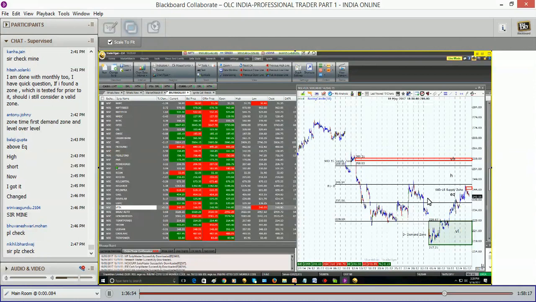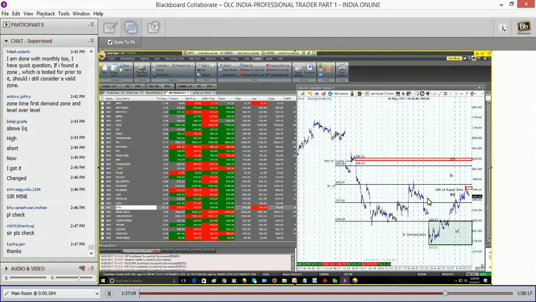I'm not able to see your zone because of the black background, Monica, but assuming that the zone is there, that is indeed correct. Let's have a look at Bhuvaneshwari's. Hari, are you in the room, my friend? Hari?